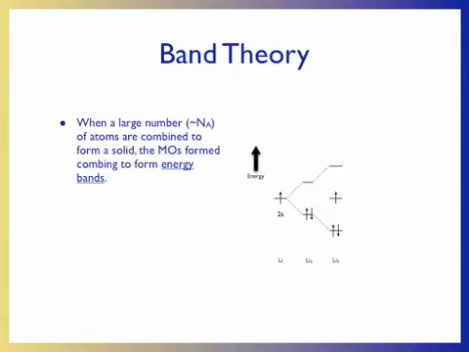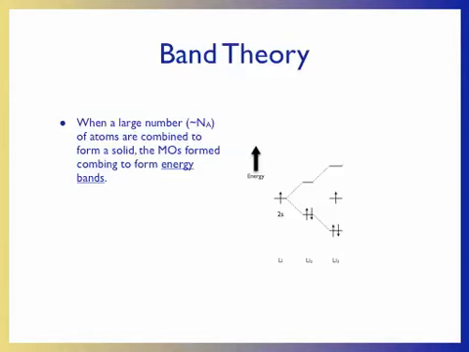One that is very bonding, or lowest in energy, one that's very anti-bonding, which is the highest in energy, and one orbital that has energy in between the bonding and the anti-bonding orbital. Notice that we now have three valence electrons. And again, we fill in these electrons to occupy the lowest energy orbitals first.